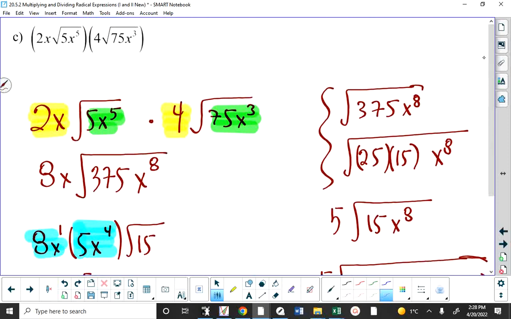And we talked about this yesterday. If you have x to the 5, if x is negative, then x to the 5 will be negative, and you're taking the square root of a negative, and that's not allowed. So what this means is that x must be greater than or equal to 0.